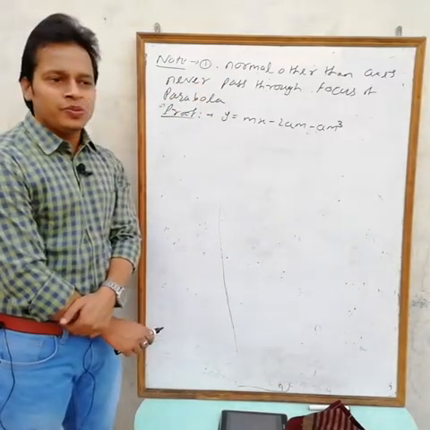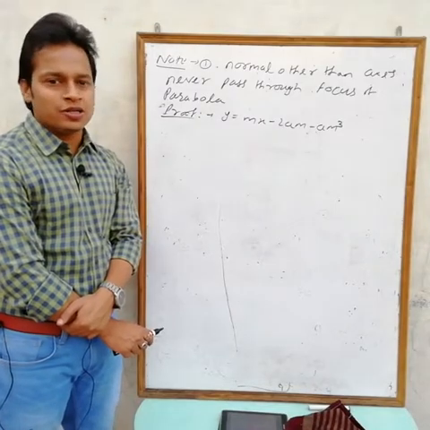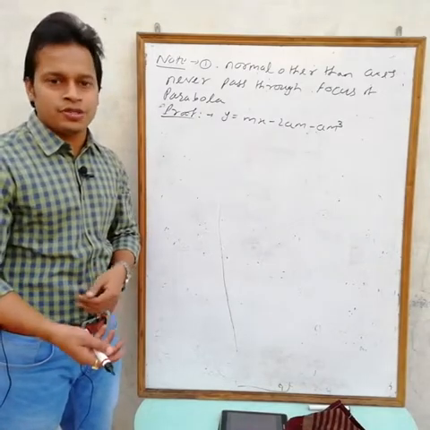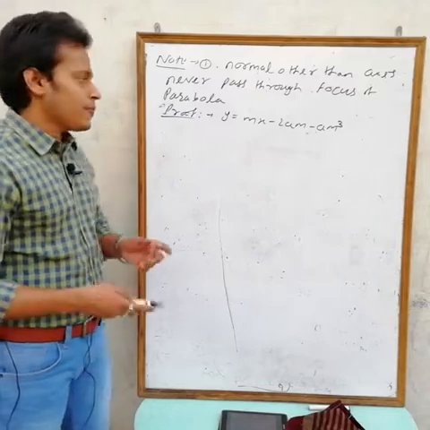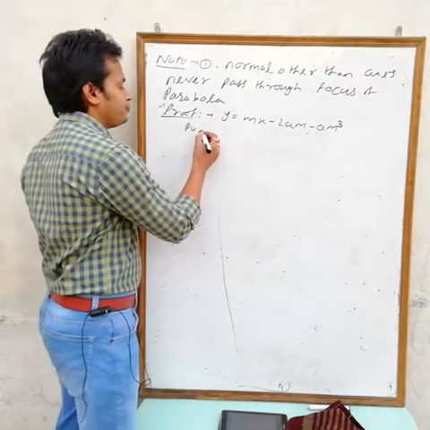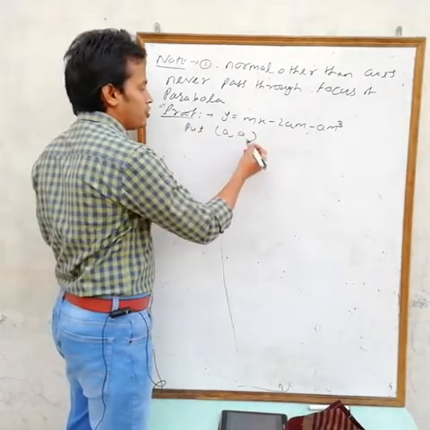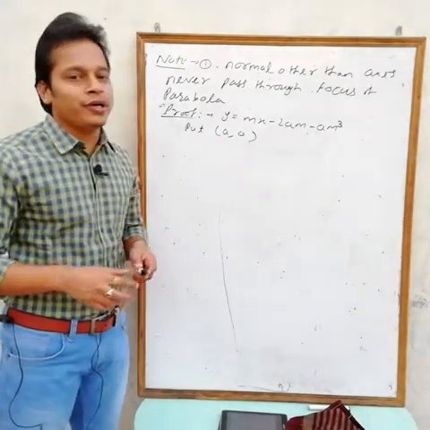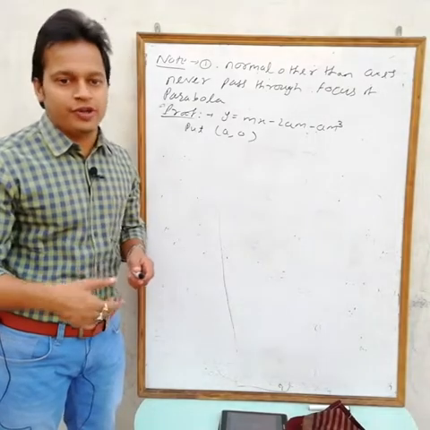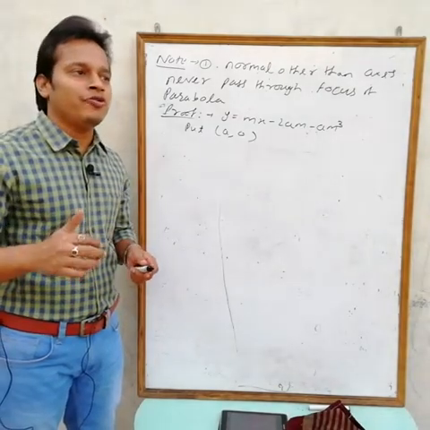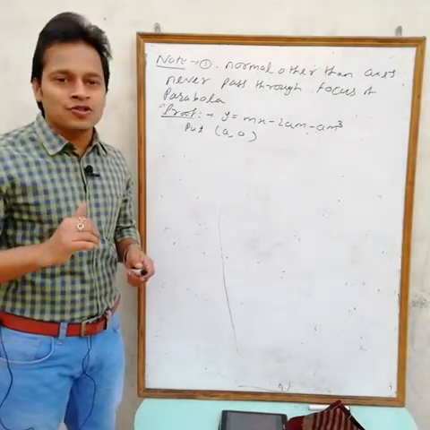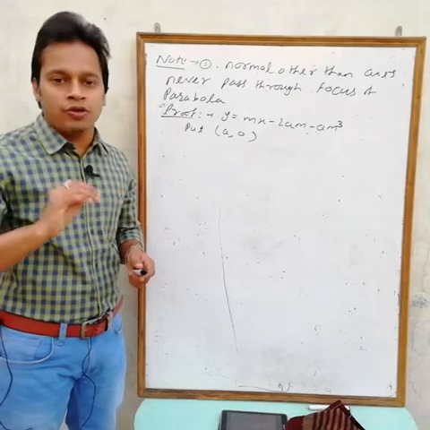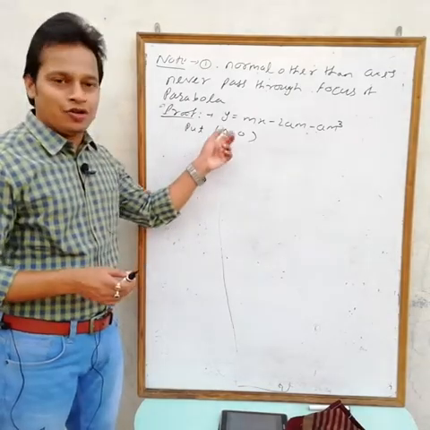So it means we want all the normals passing through the focus. So put the focus, a comma 0. If you put a comma 0, then you will get an equation in terms of m, in terms of slope. Then if you solve, you will get the slope of all the normals which pass through a comma 0.